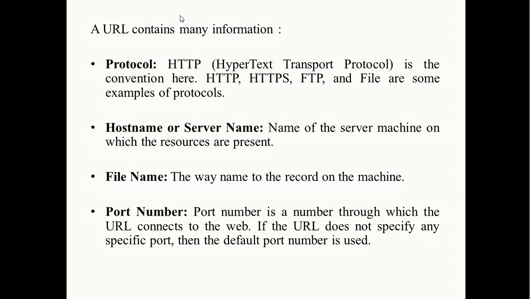HTTP is nothing but the Hypertext Transport Protocol, and HTTP, HTTPS, FTP and file are some examples of the protocol. Second parameter is host name, which is also called the server name. It is nothing but the name of the server machine on which the resources are present.